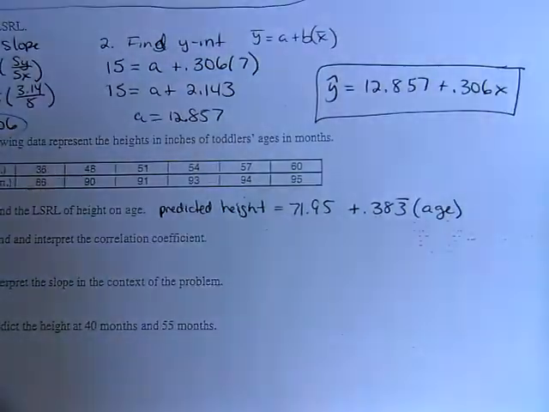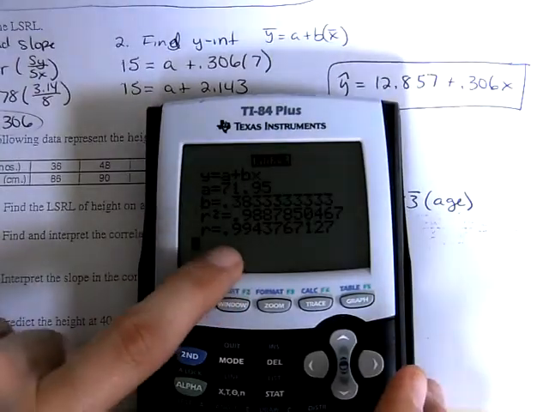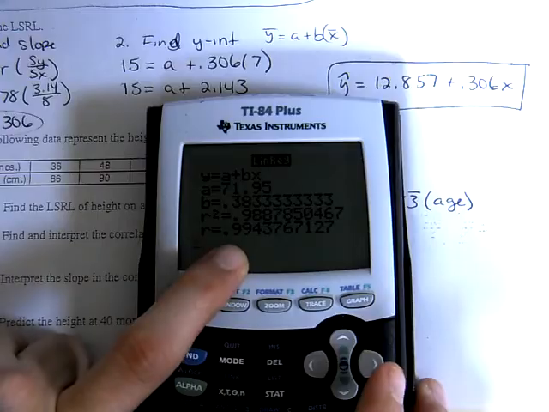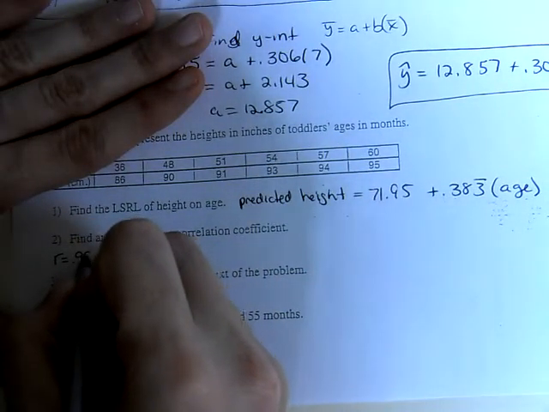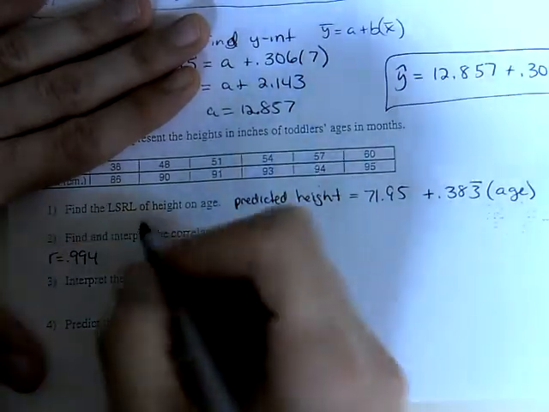So find and interpret the correlation coefficient. My diagnostics were on, so it's right there, 0.994. So R equals 0.994. You're going to have to write kind of small.